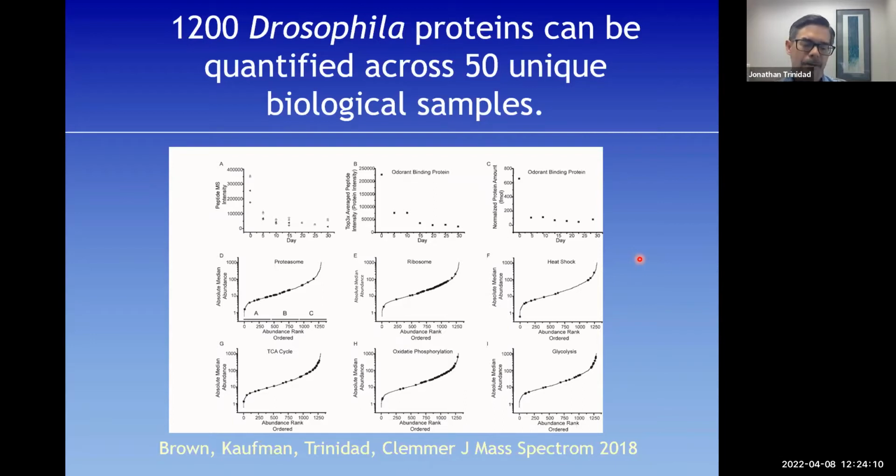As a medium-large scale experiment, we looked at 50 different Drosophila samples, in this case a time course of age of the Drosophila, and could quantify around 1,200 different proteins. We're just plotting them out based on some gene ontology groupings. And you can see it's a log of abundance.